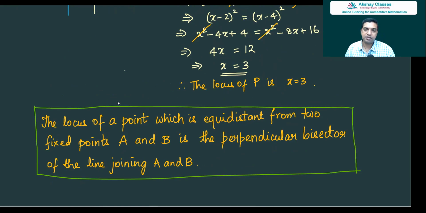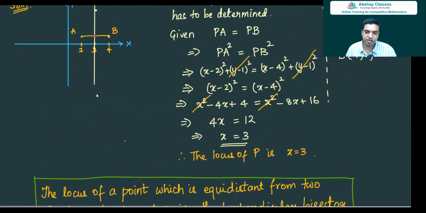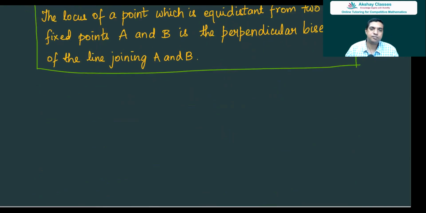So locus is a path. So this path is a perpendicular bisector. So now there are many problems. The textbook has so many problems. They are example problems, and first I'll do the exercise problems in the textbooks, and then I will give further problems which require a little more thought.